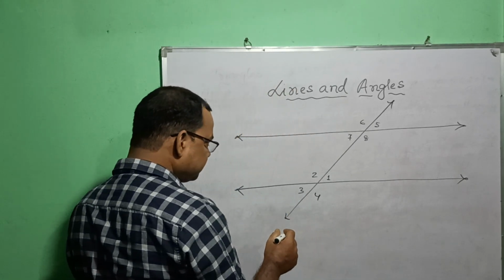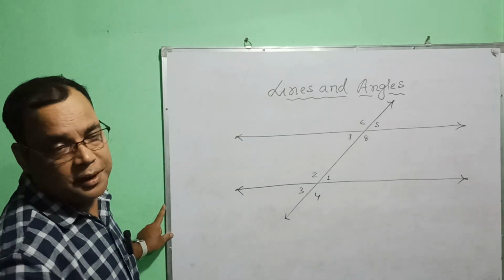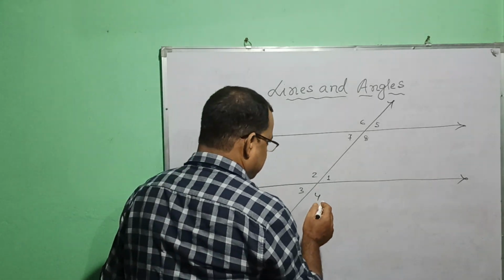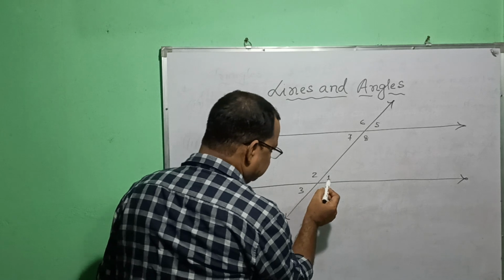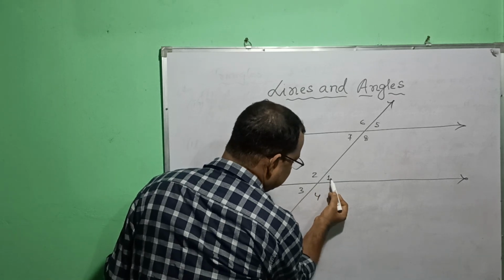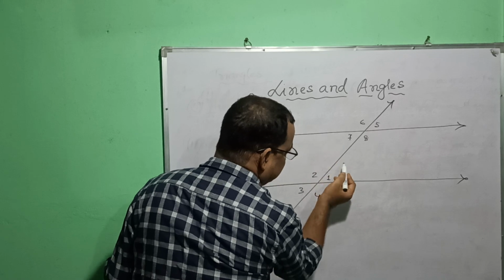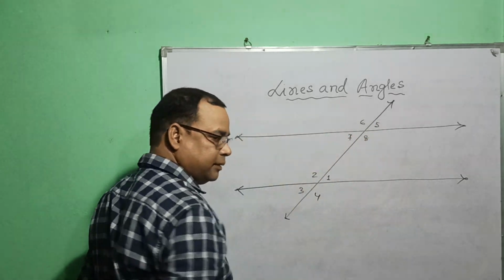So first of all we'll write alternate interior angle. So what are alternate interior angle? Try to recognize the alternate interior angle. Here you can see angle 1 and angle 7. They are opposite to the transversal and they are inside these two parallel lines.